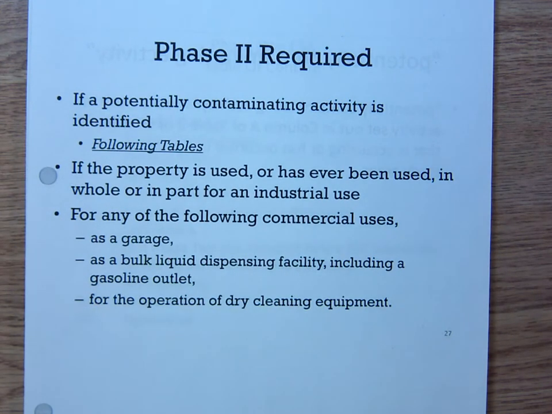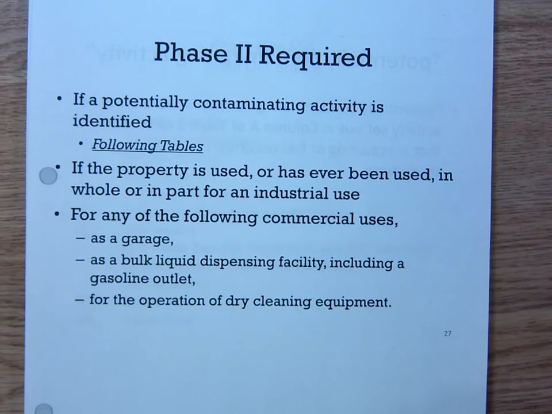There are certain conditions that will force us to do a phase 2 environmental site assessment. Phase 2 is usually required when either of these conditions that are listed on page 27 of your handouts exist.